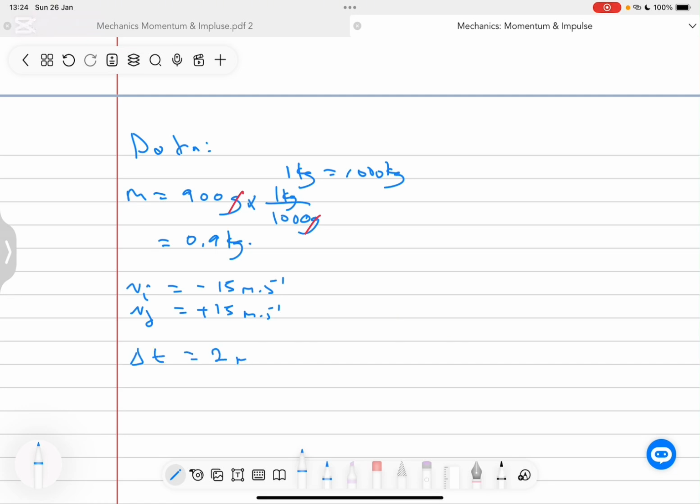Then we have the time, given in milliseconds, and we know that a milli is a metric multiplier. That means 10 to the power negative 3. So I'm going to write this as 2 times 10 to the power negative 3 seconds. I'll just literally take this milli and replace it with its metric multiplier. That's how you convert metric multipliers.